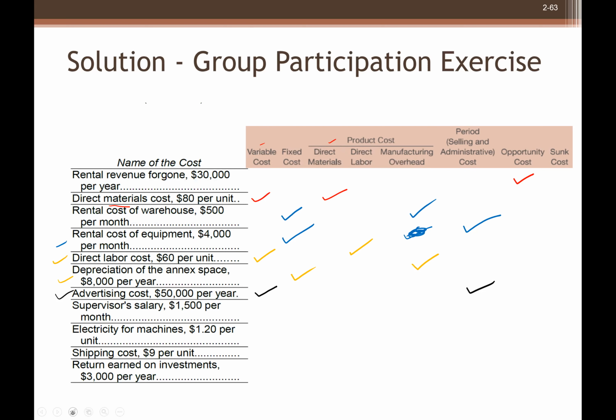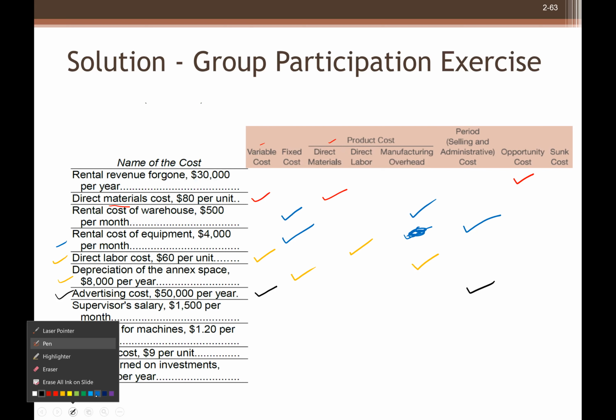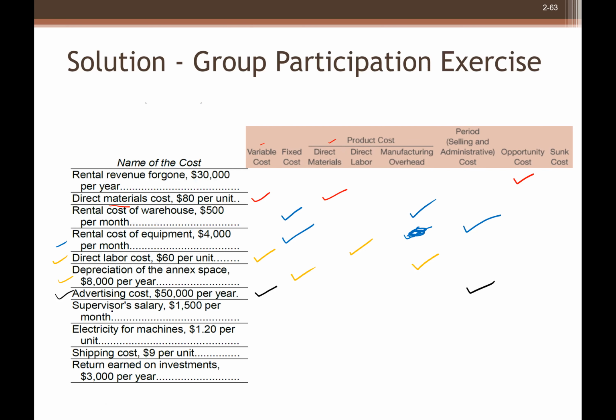And then supervisor salary. Now tell me, the supervisor salary 1,500 a month. Camila, or Stella.